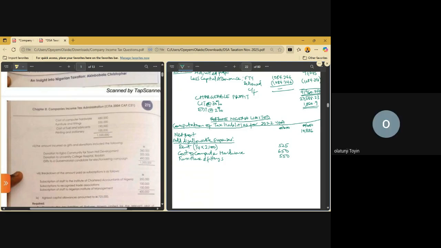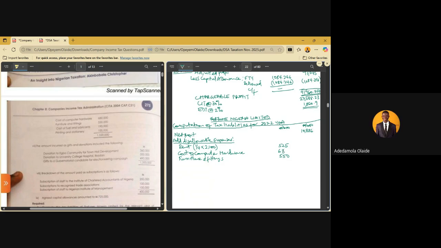Cost of fuel and lubricants is allowable. So this one should be 680,000. Okay. Cost of computer hardware.